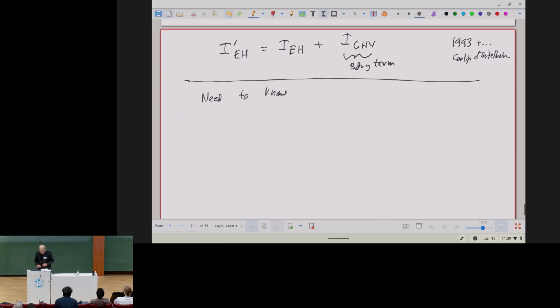So we only need to know 2 things about the Gibbons-Hawking-York surface term. One is that with it included, there's no boundary term in the variation of the action.